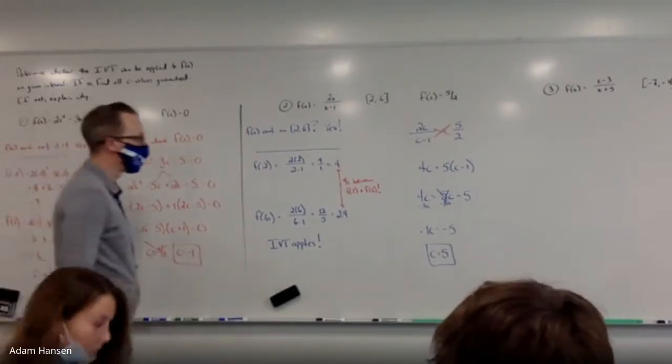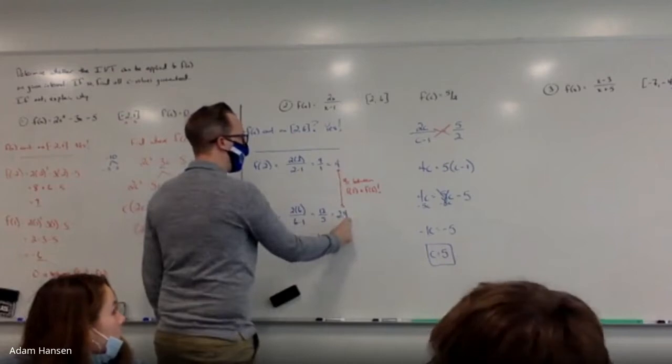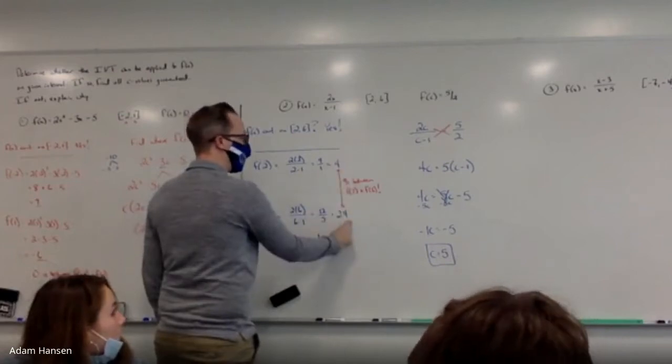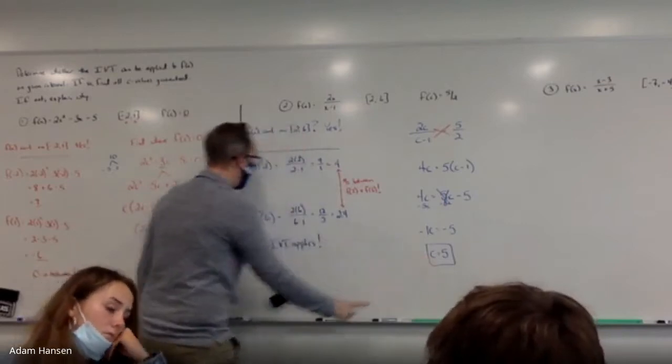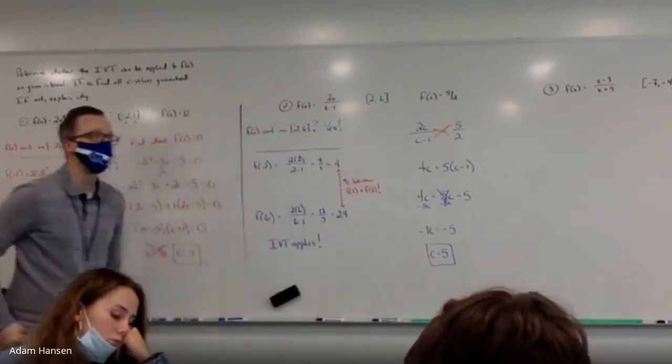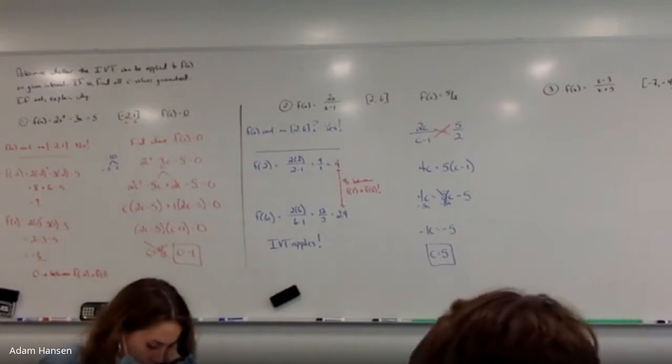Yeah. Because 5/2 is between 4 and 2.4, or f of 2 and f of 6, I know that the constant c that my function needs to map onto 5/2 is between 2 and 6. Could you guys try number 3?